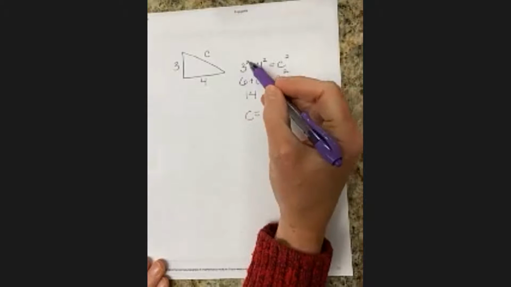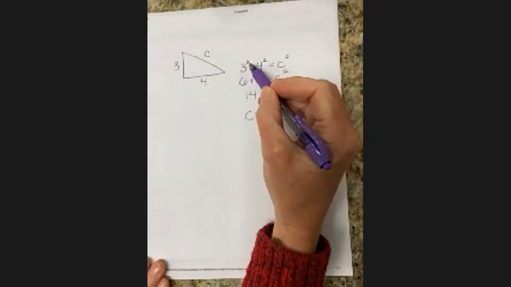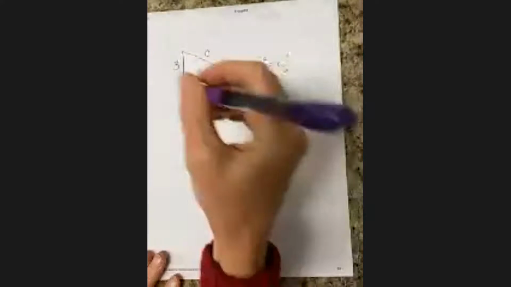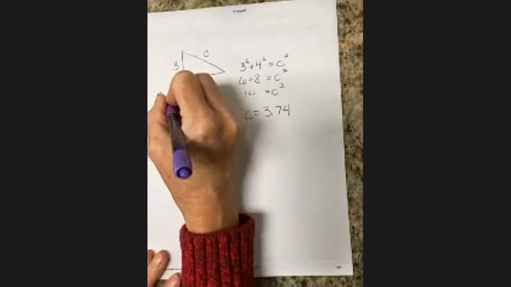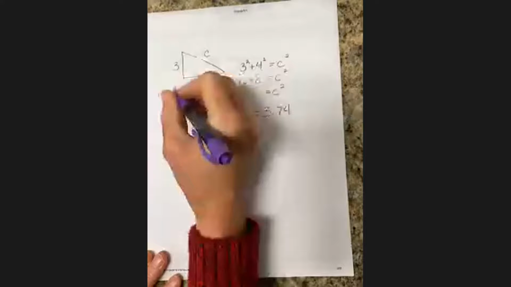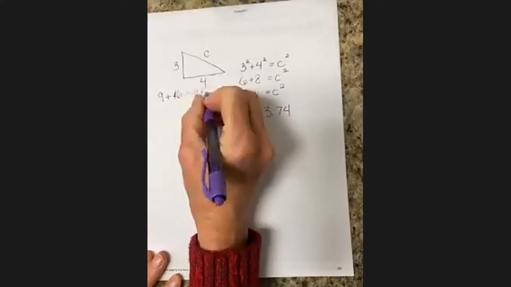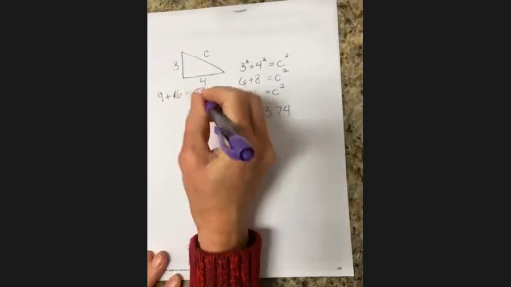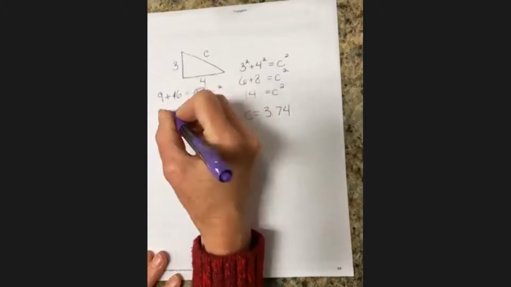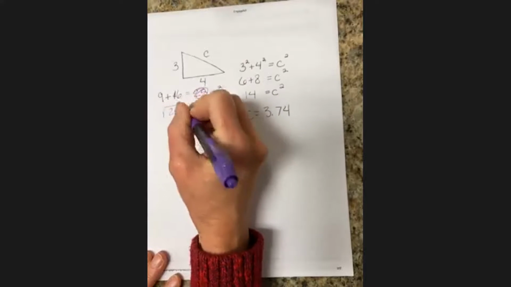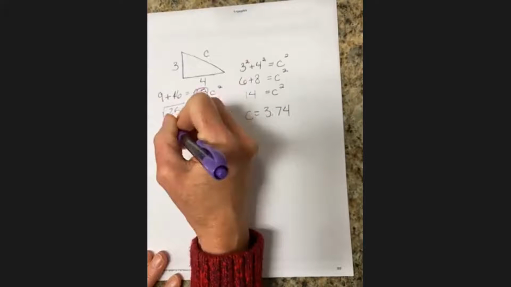You see the 3, you see the 2, your brain is programmed to go, boom, it's 6, but it's not. It's 3 squared, so it should be 9 plus, let's see, 4 squared is 16 because it's 4 times 4. 9 plus 16 is 25 equals C squared. Square root both sides. C equals 5.